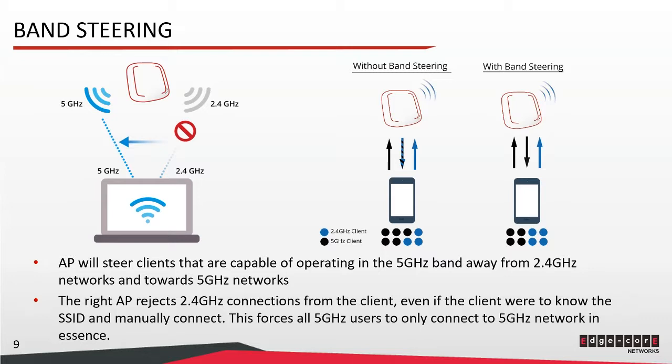So when band steering is enabled, you can choose the regular mode or the aggressive mode. In aggressive mode, even if the client knew the 2.4 GHz SSID and tries to manually connect to it, the device would still be rejected, and they would only be allowed to connect to the 5 GHz SSIDs.